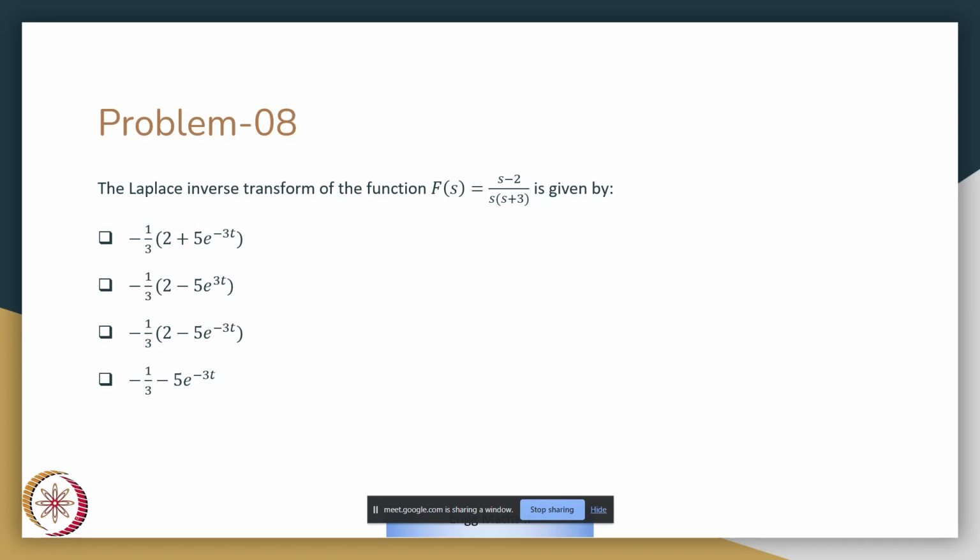Now we move to problem number 8, where we are asked to calculate the Laplace inverse transform of F of s. Again, a similar problem, and again the same method. First, you calculate the partial fractions, which is A times (s plus 3) plus B times s equaling s minus 2.